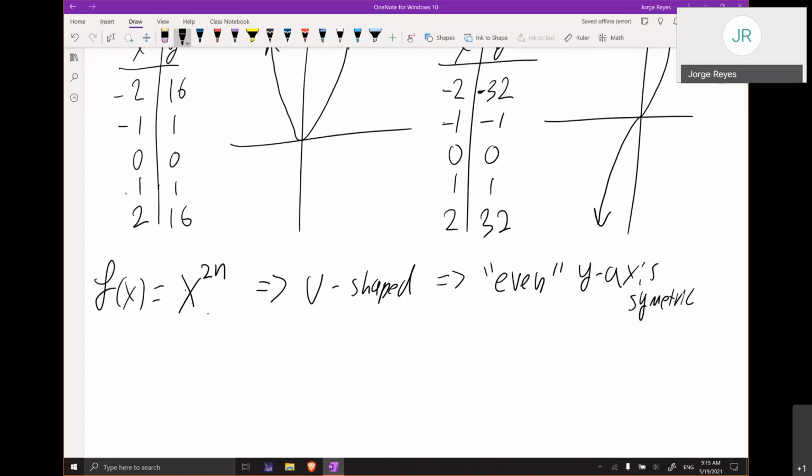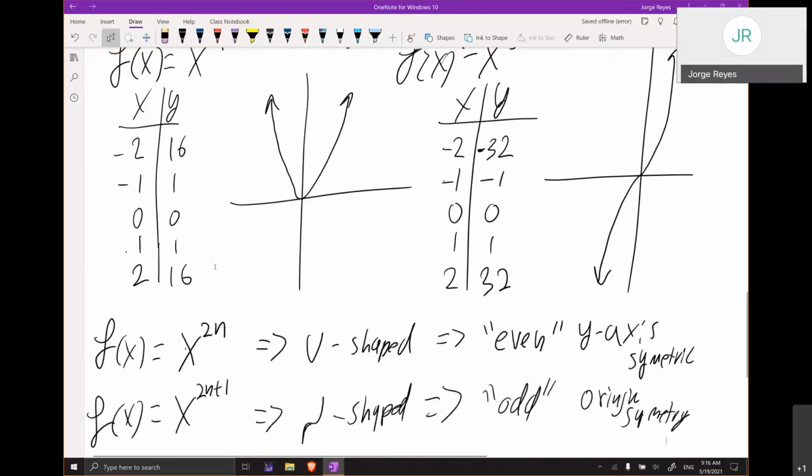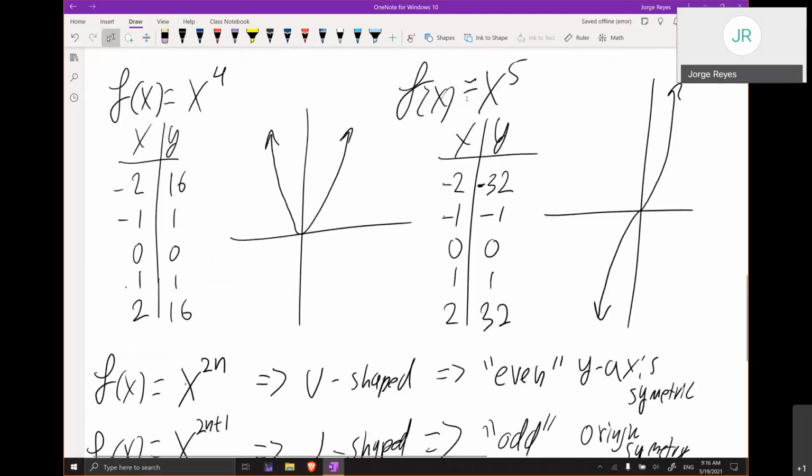And if the leading term is odd, then we're gonna get the cubed shape, and this means it's odd, and this will mean it has origin symmetry. So this is just a useful fact. x to the power 6 is gonna look like this, x to the power 7 looks like this, and so on and so forth forever.